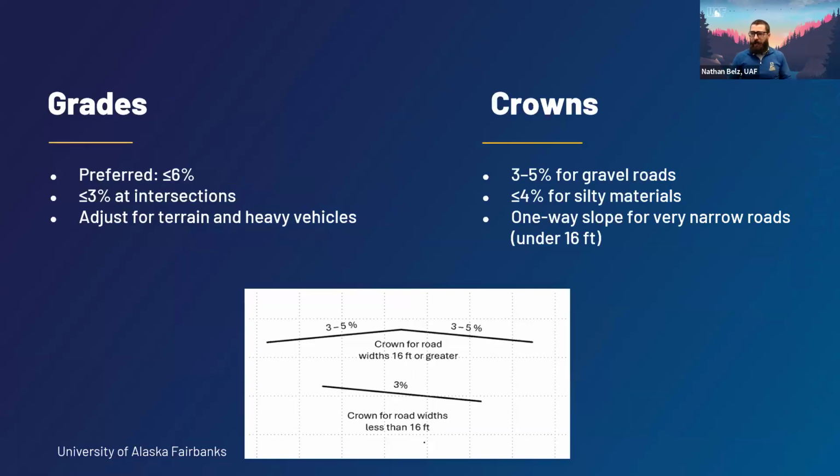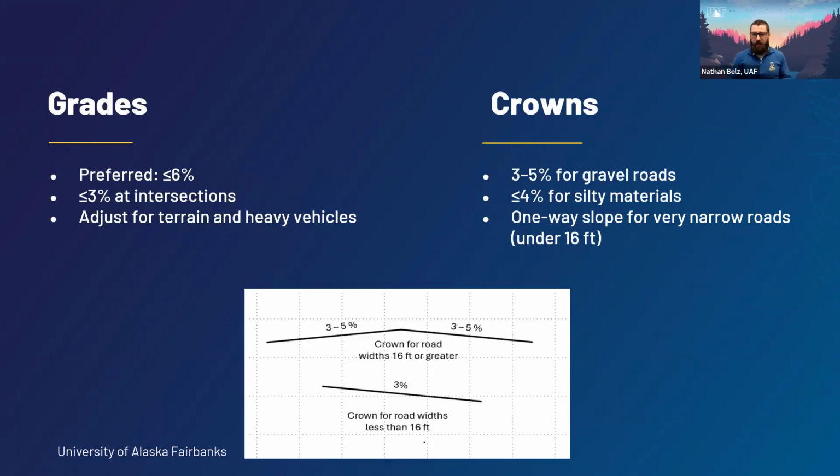In terms of grade and crown of the road, keeping it under 6% in general is preferred. If the road happens to be in more mountainous terrain, potentially increasing by 2 to 3% there, but certainly keeping any grades at 3% or under in the vicinity of intersections.